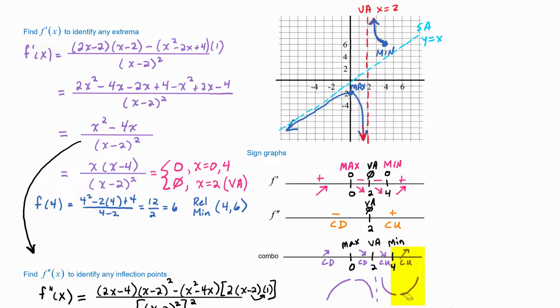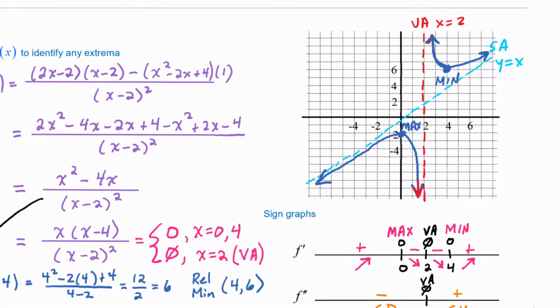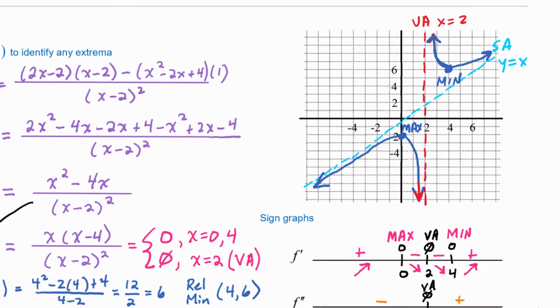And then from 4 on, it's increasing and concave up and has to approach the slant asymptote. So now we can see we have a good look with a lot of detail at this graph.